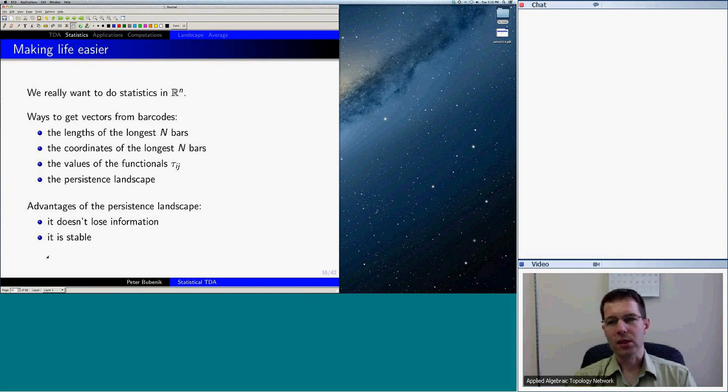What we'd like to do is to do statistics in Euclidean space, which is easier. So we can do that if we can convert our barcodes into vectors. There are a few ways that have been proposed. We can look at the lengths of the longest n bars, that gives us n numbers, standard numbers. We can look at the coordinates of the longest n bars.